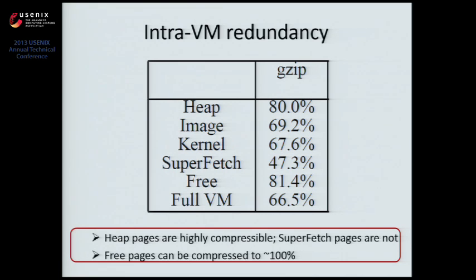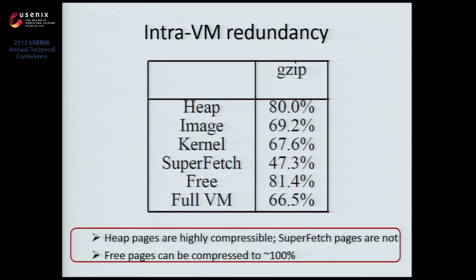If you look at the pages of a VM, there is heap, there are image pages, the kernel pages, Superfetch or these prefetch pages which can be data or image, mostly one of the two, and there are free pages. If you just did gzip on the whole image, you get about 2/3 compression.